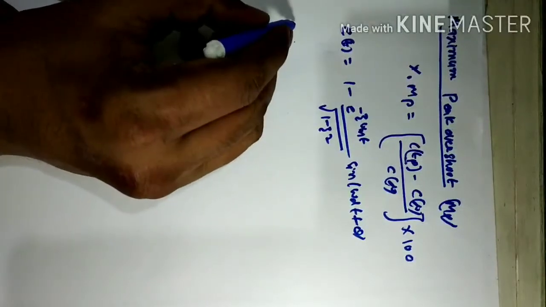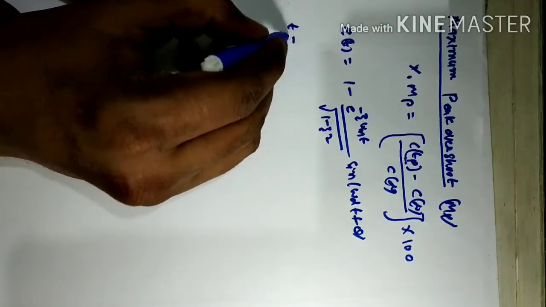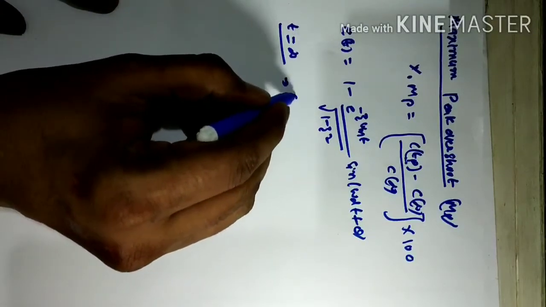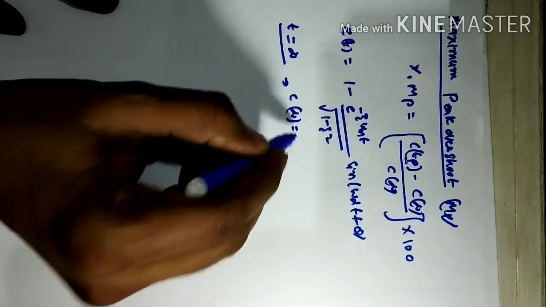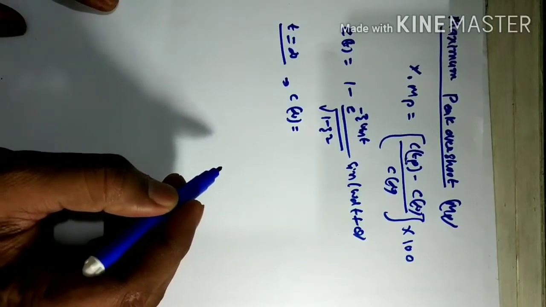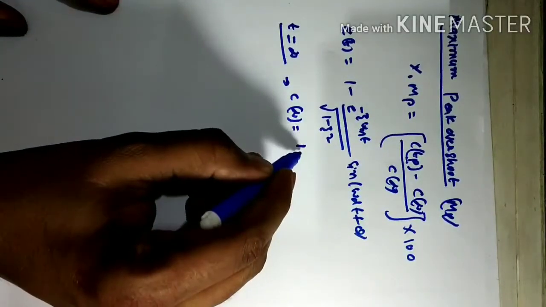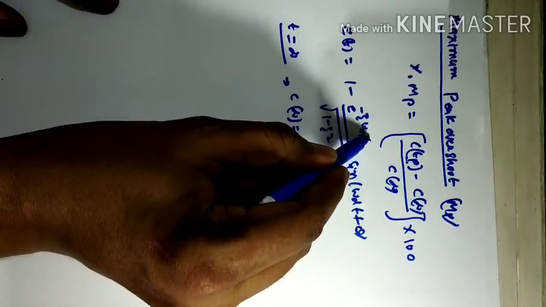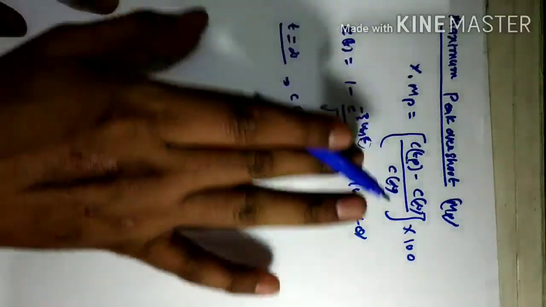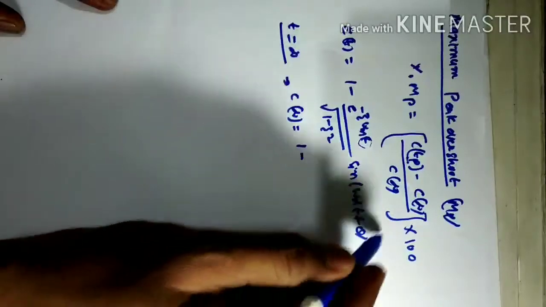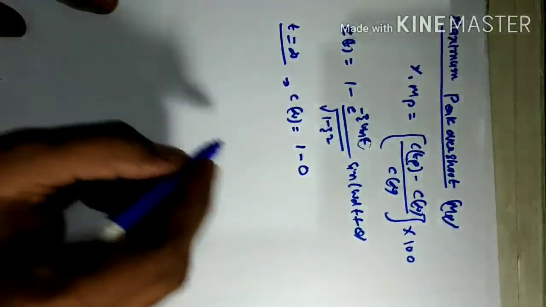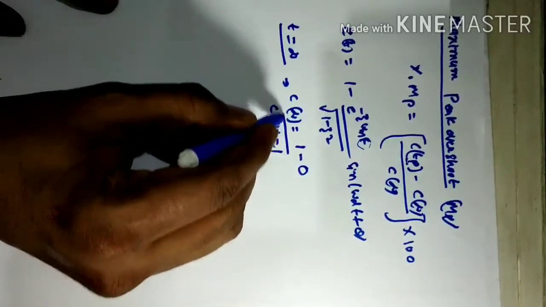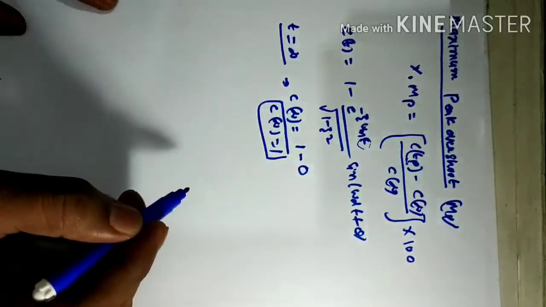First I'm going to substitute t is equal to infinity. When you substitute t is equal to infinity, what do you get? C infinity is 1 minus, if we substitute infinity here, this whole term becomes 0. So C infinity is equal to 1.